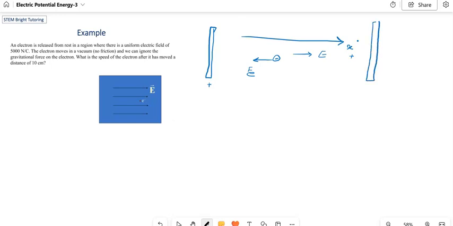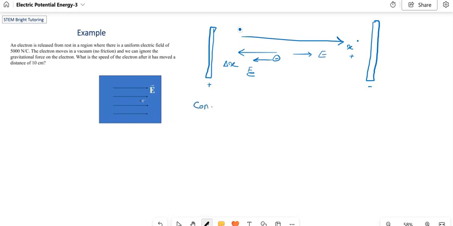So if I want to calculate the speed, the displacement of this electron is going to be in the opposite direction of the electric field because it is released and it has a tendency to move toward the positive plate. So what I'm going to do is use the conservation of the mechanical energy.